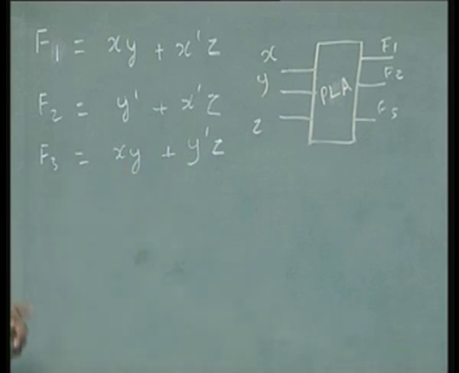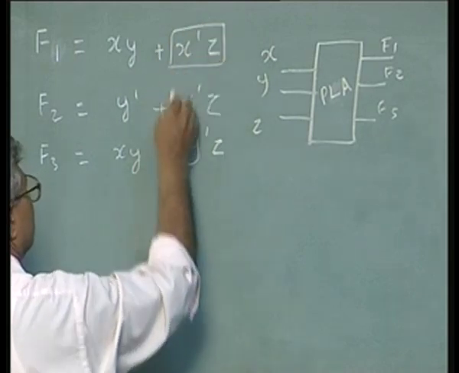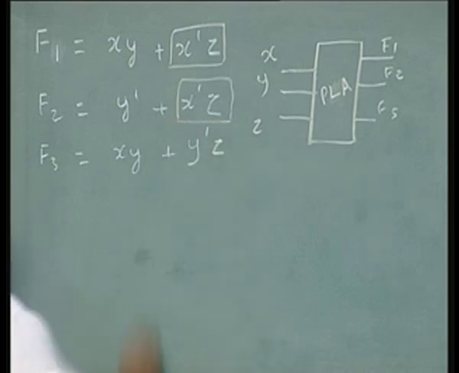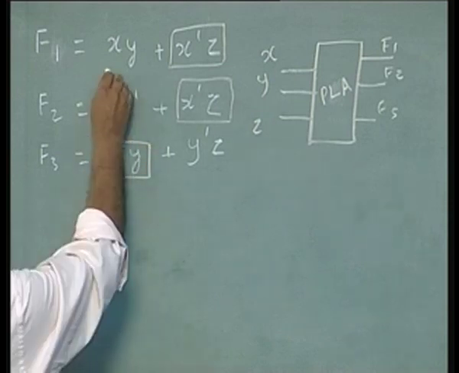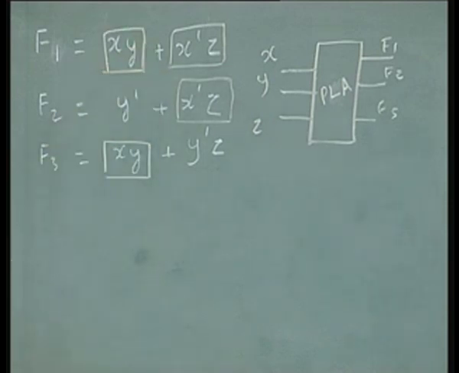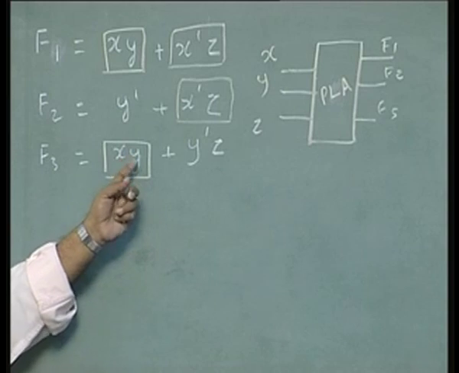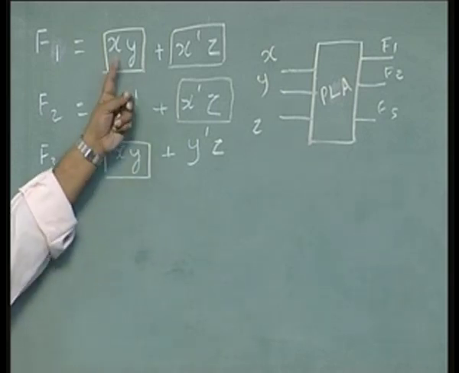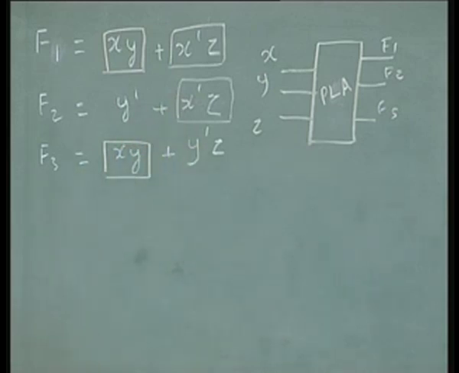What is interesting is the terms which are common. X bar z is common. So, how many terms would I use if I do not have common terms? I would have generated 6 product terms, P1, P2, P3, P4, P5, P6.